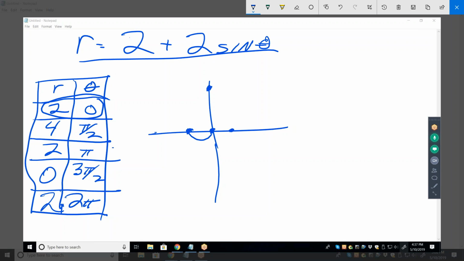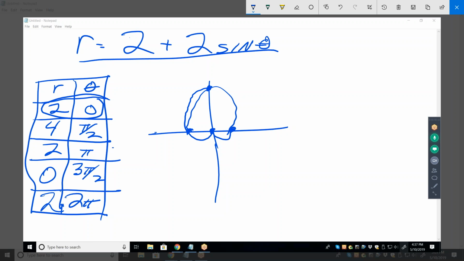I know what cardioids look like. In other words, the only thing we really need to draw this cardioid are those 4 points. Those 4 points tell us everything we need to know. So you still need to draw a table, you only need to put 4 points.